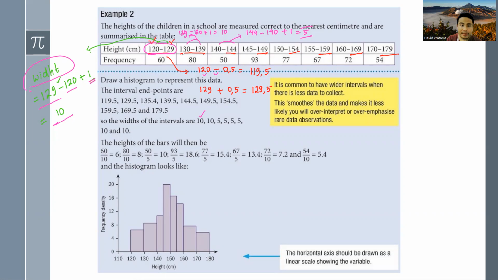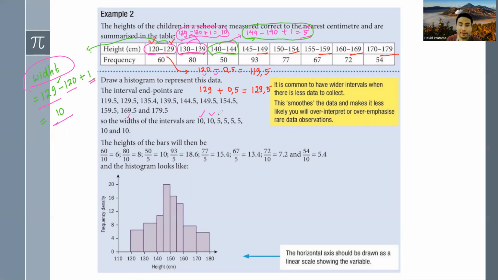Next, 130 to 139. How to find the width? The same: 139 minus 130 plus 1. The answer is 10. Next, 140 to 144. How about the width? 144 minus 140 plus 1.